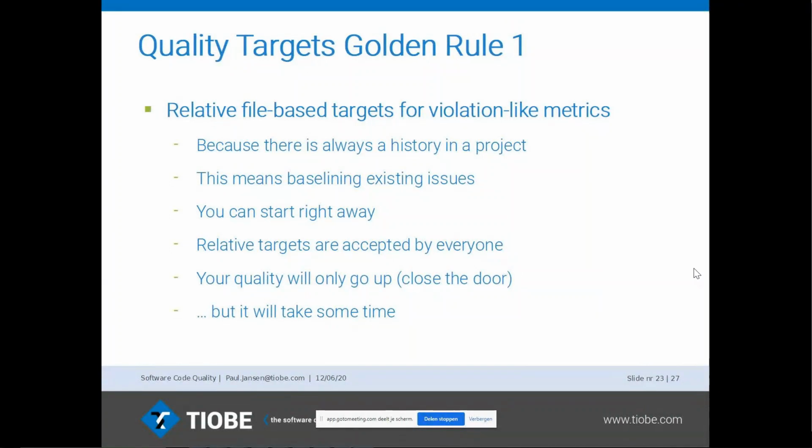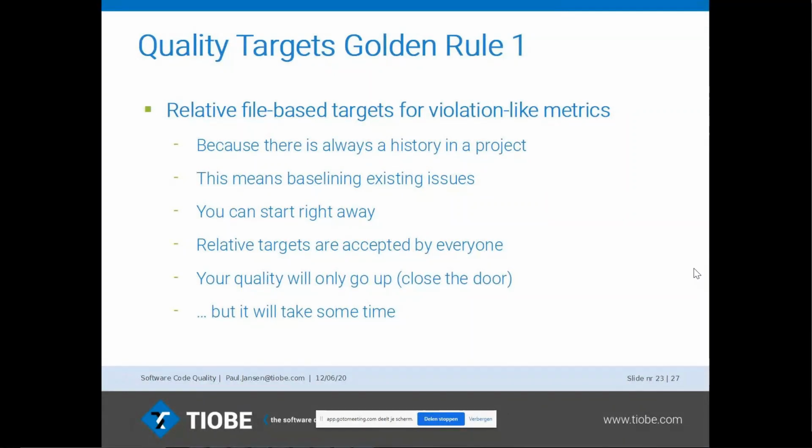So every commit, every delivery, people will make very small steps towards a better quality. But the downside here is that it will take some time because, of course, the ones that are already in will not be solved unless, of course, you refactor a lot and then they are probably gone. If you remove some code or files, then they are gone too.